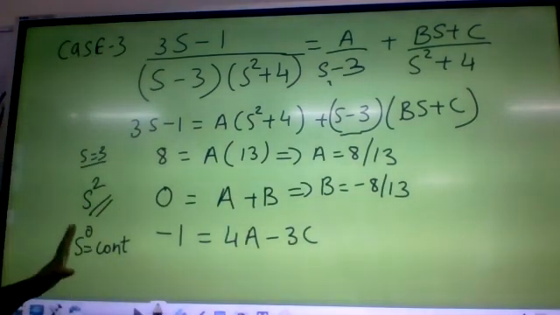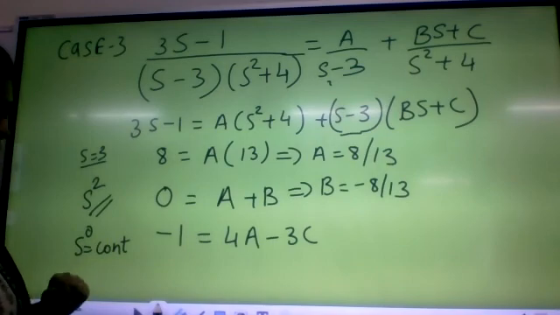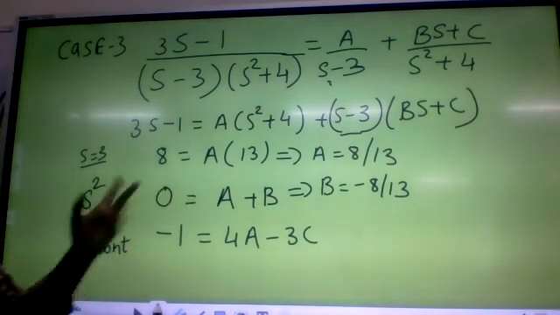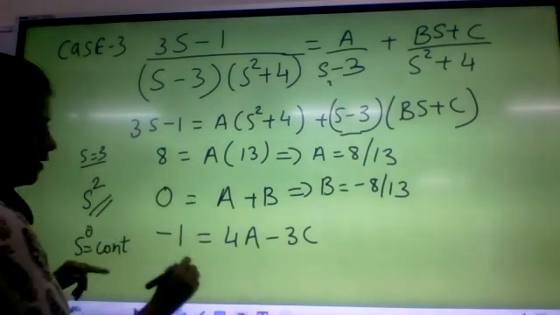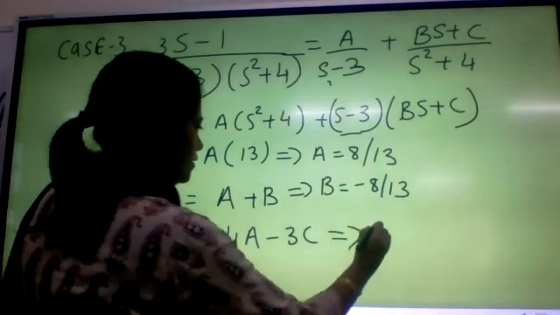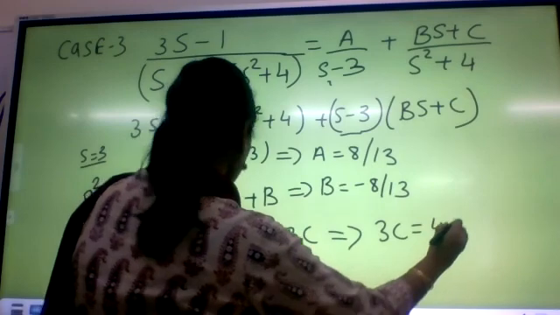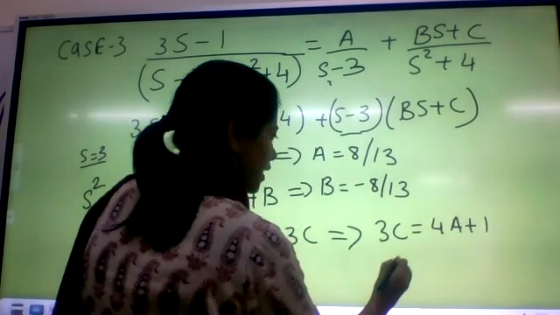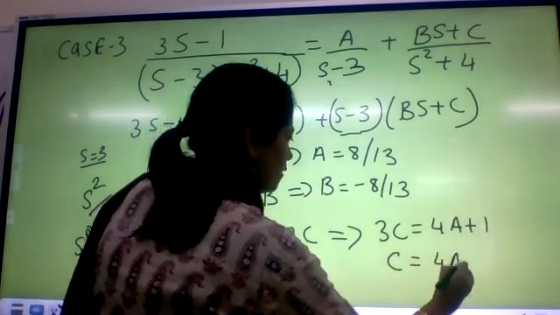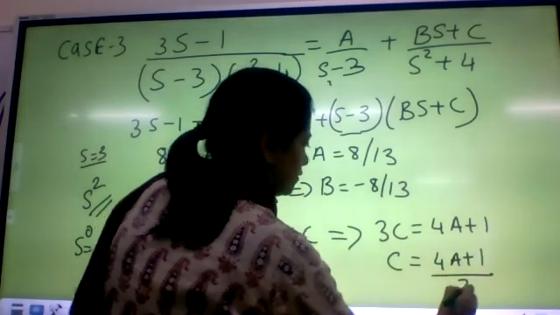So this is the equation. Now I know the value of A and I have to find out the value of C. See, 3C is equal to 4A plus 1 and C is equal to 4A plus 1 upon 3.